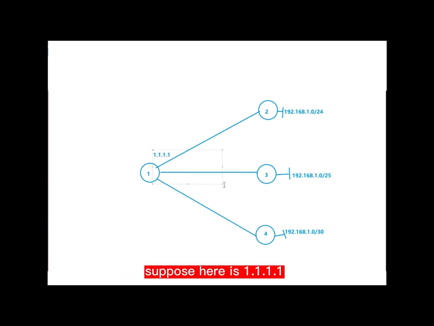Suppose here is 1.1.1.1 with a 30-bit mask. Its peer is 1.1.1.2. Suppose here is 2.1.1.1. Its peer is 2.1.1.2. Further down this is 3.1.1.1. Its peer is 3.1.1.2.